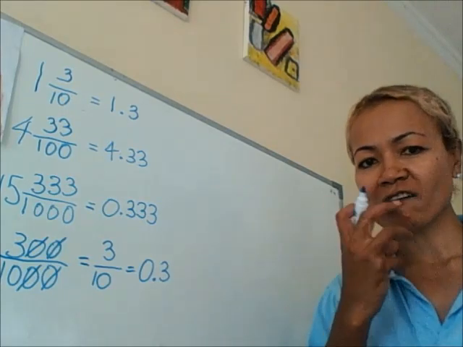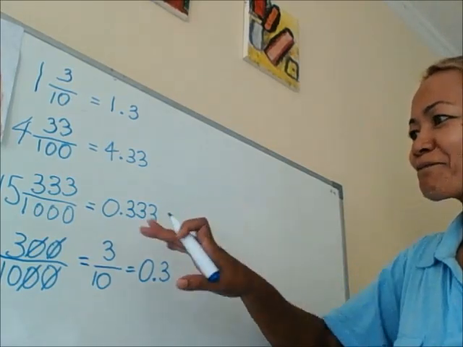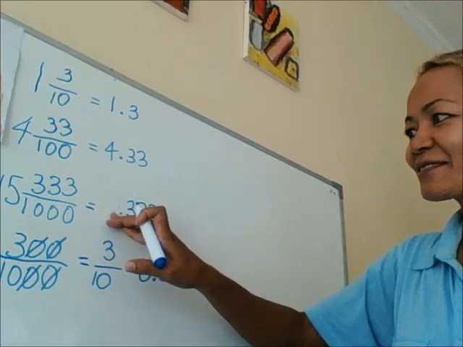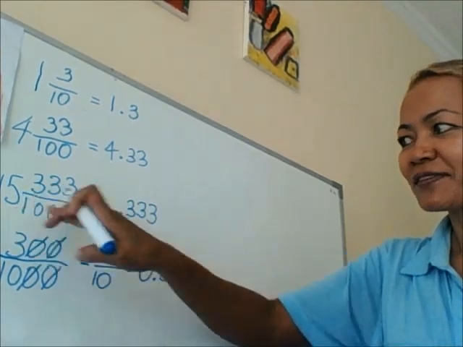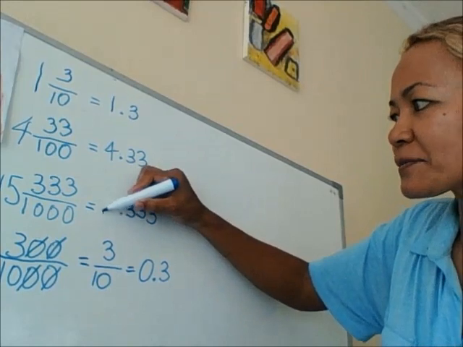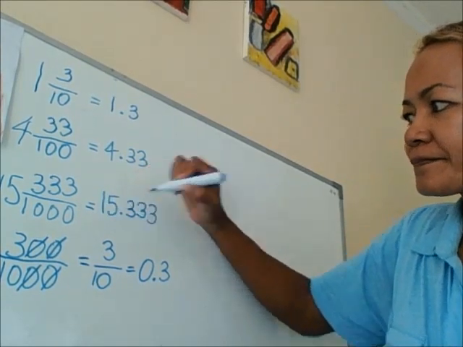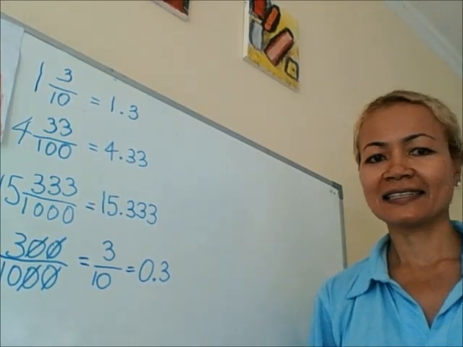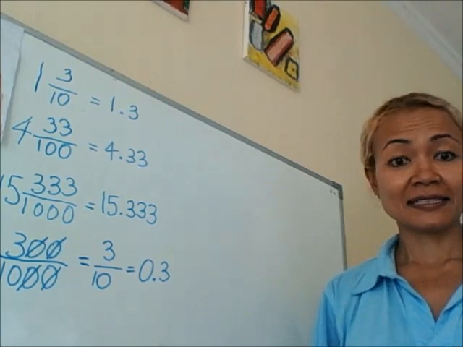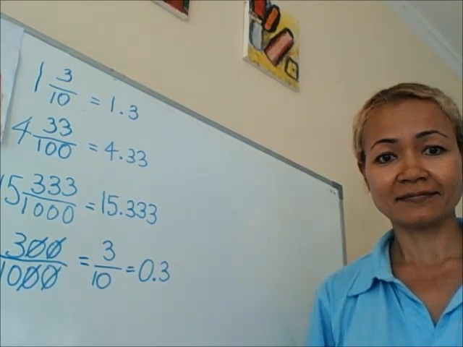Gosh, it's hard to get out of your mouth. Right, so this 0 goes away, and that number 15 goes before the decimal place. Fantastic. And there you have it.